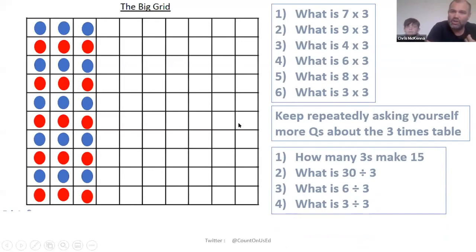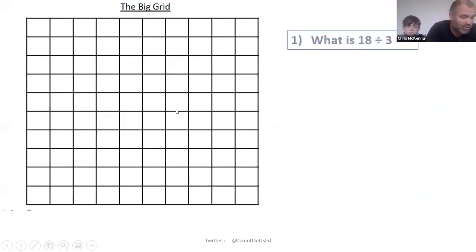So maybe not mentioning the word division straight away, but talking about how many 3s make 24, or how many 3s are in 12. But I think it's important to always establish that multiplication and division are connected, they're the same process, right at the very start. Hope that answers your question, Susan.